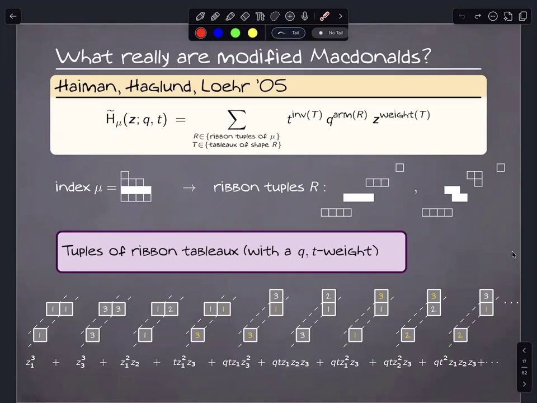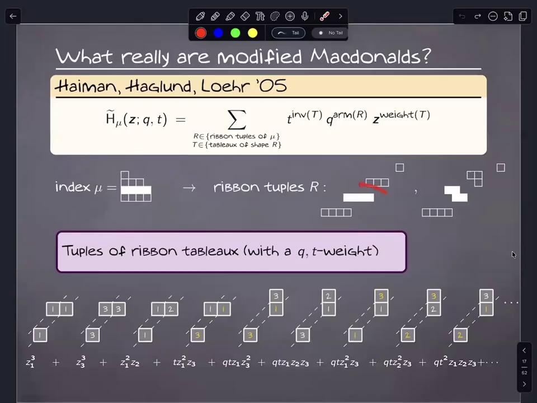But what you do is you take each row and you map it over to a tuple. So this is like a list of rows, one for each in this partition. And then you also allow not just this list of rows, but any wiggling of those rows, which we call ribbons.